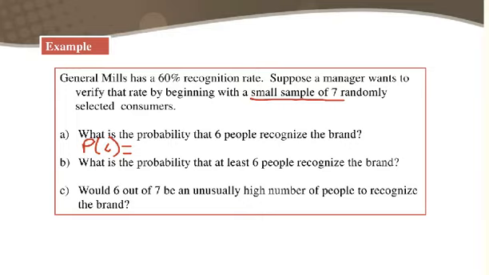Since this is a 60% recognition rate, the probability of a success is 0.6, and the probability of a failure is 0.4. Now, of course, if you're not sampling with replacement, the 60% would not stay steady, because as you sample people, that probability will change. But it changes so little that we're going to treat it as being independent.